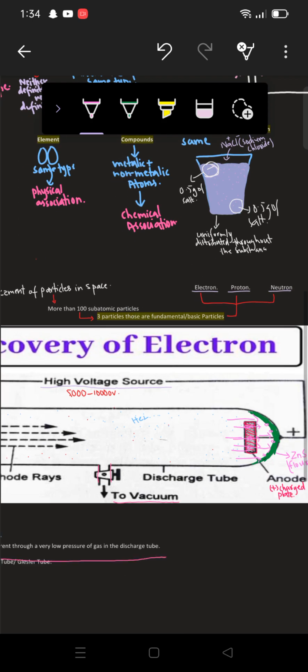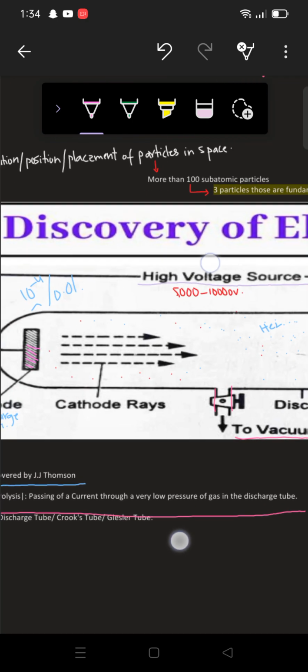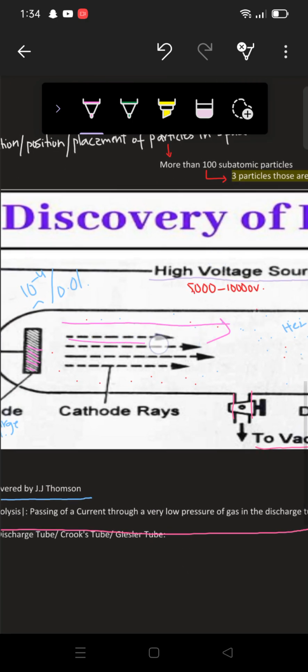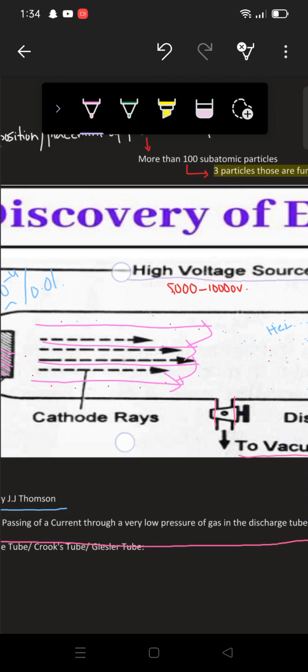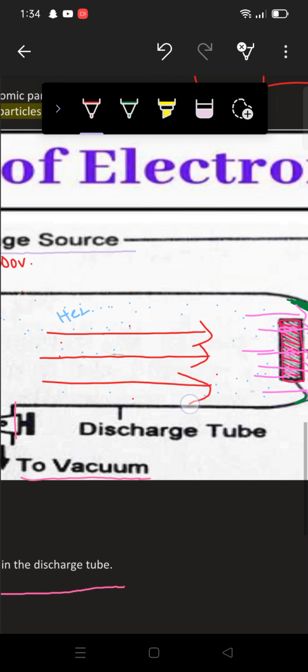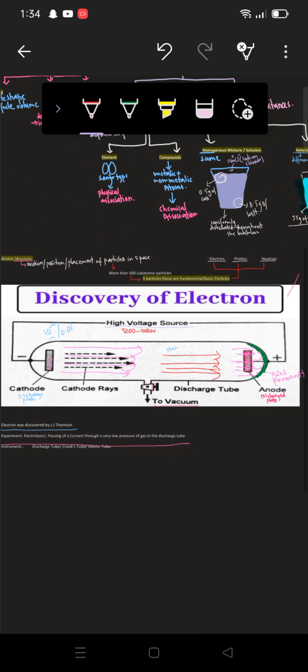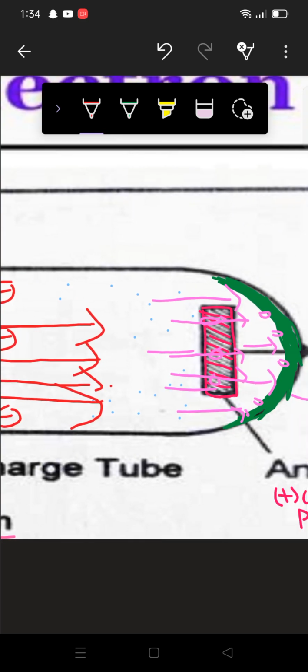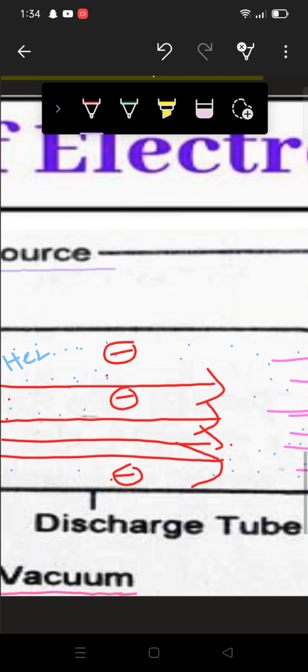Then we got to know that there are some particles coming from the cathode ray and going towards the anode. As a result, the plate at the right-hand end is glowing. Since those particles were going from the cathode to the anode, they are attracted towards the positive charge, and charges which attract towards the positive are negatively charged particles.